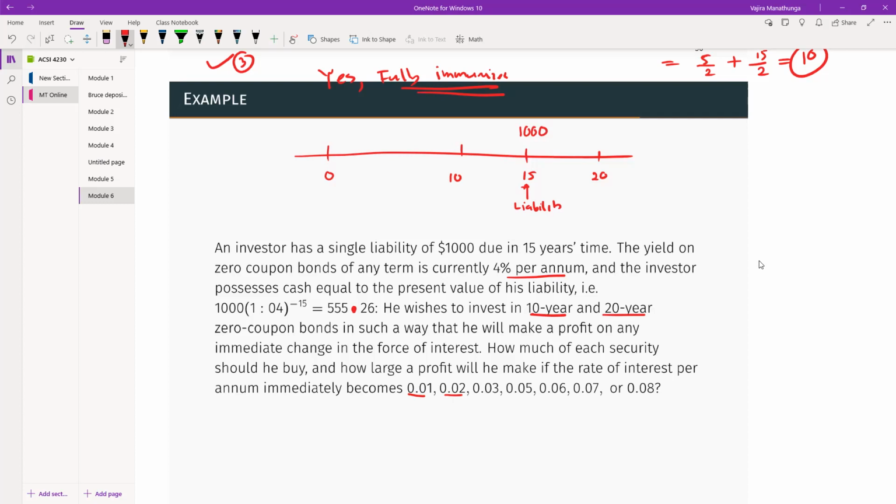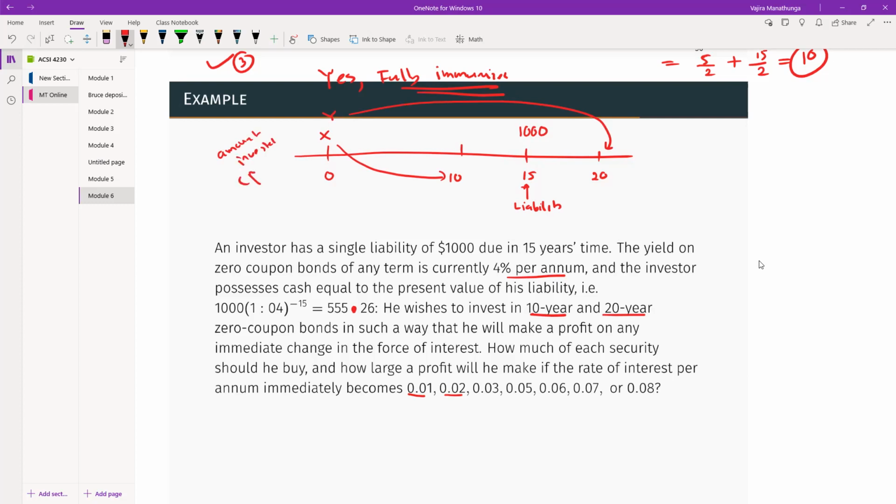So the amount invested is X and Y. So that would be the amount invested in 10 year for X, and the 20 year for Y. So this is the amount invested.